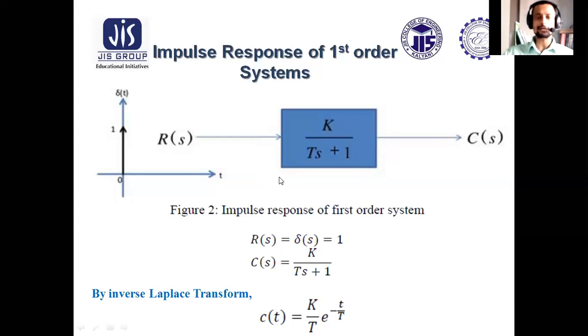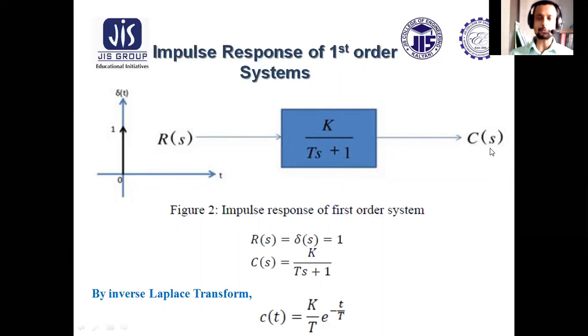Impulse response of a first order system means how the system would respond due to application of an impulse input. So this is the overall transfer function of a first order system in which an impulse input is applied. This is the unit impulse, and due to application of this unit impulse input, it will produce an output.